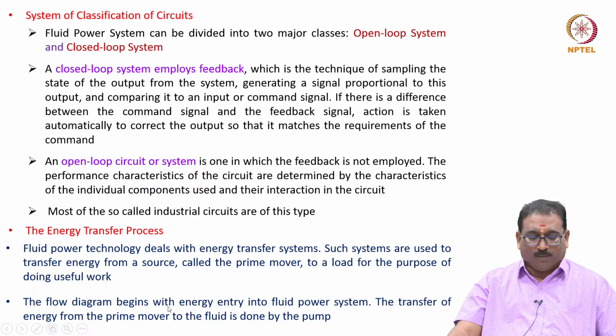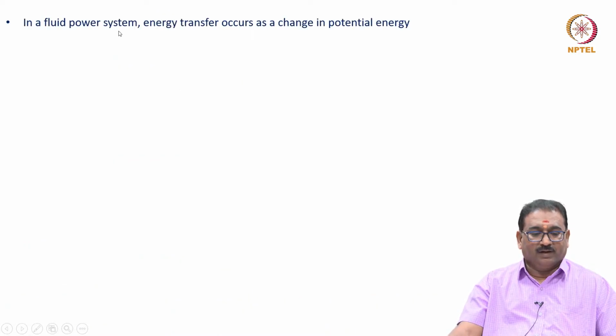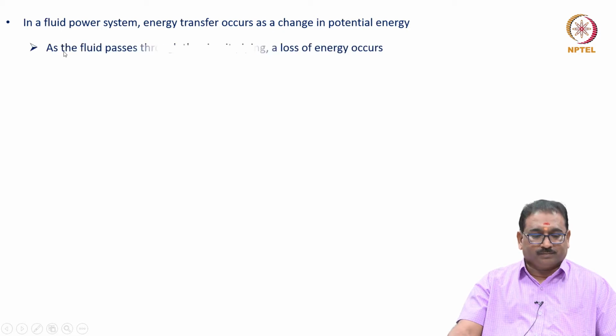The flow diagram begins with energy entry into the fluid power system. The transfer of energy from the prime mover to the fluid is done by the pump. In a fluid power system, energy transfer occurs as a change in potential energy.